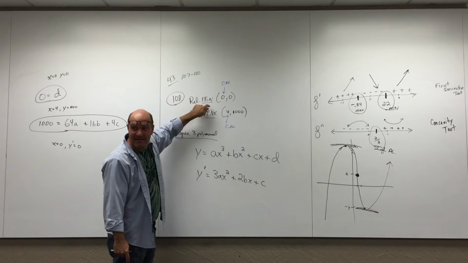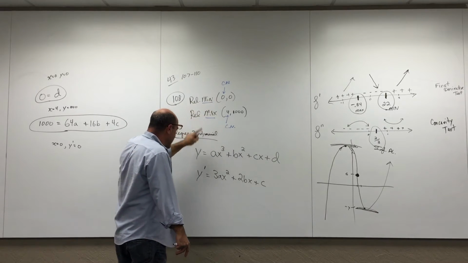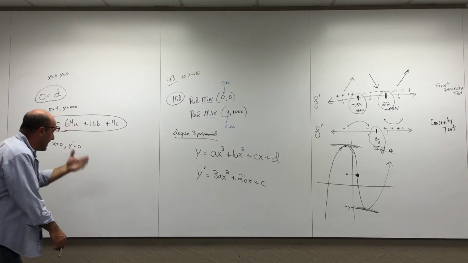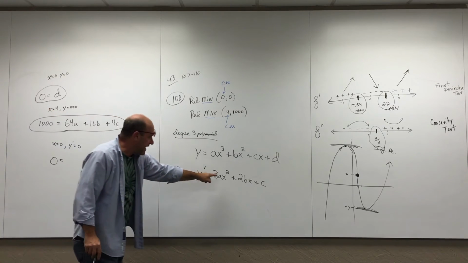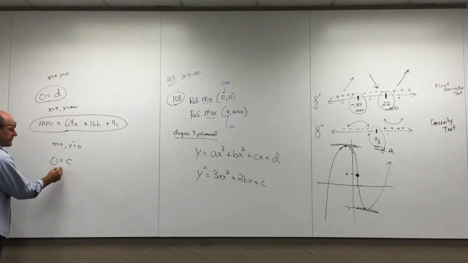You with me? Because it's a min, the slope is 0. So I'm plugging a 0 into the derivative, and the answer is going to be 0. I'm plugging a 0 in for x. That's a 0, that's a 0. Guess what I just learned? c is 0.